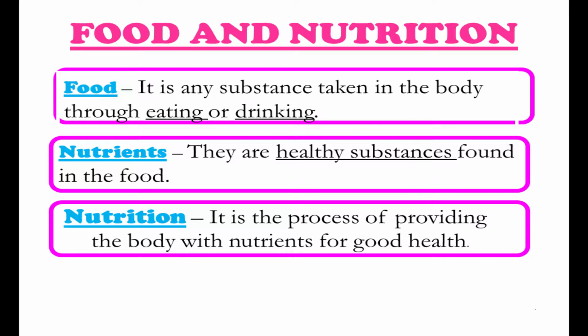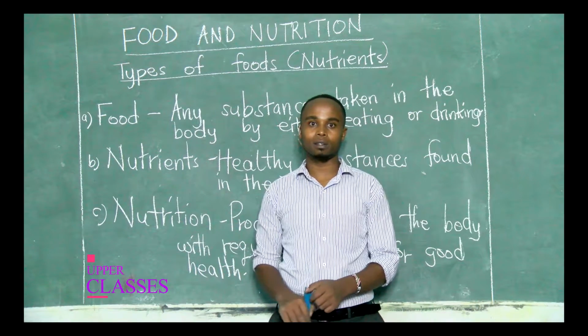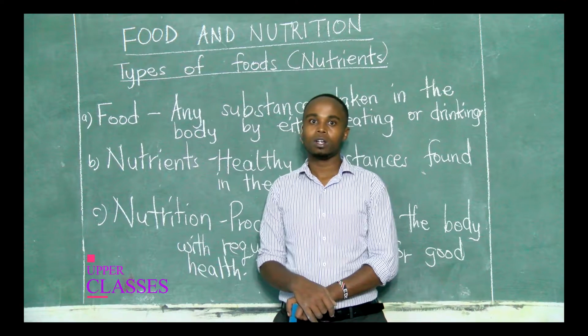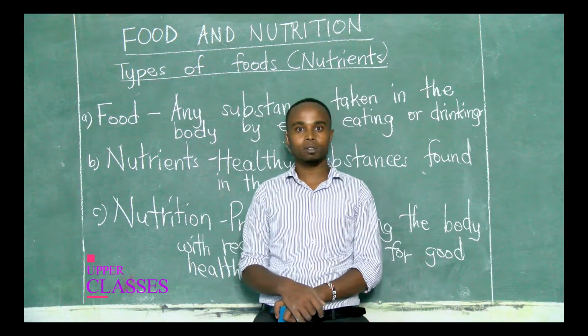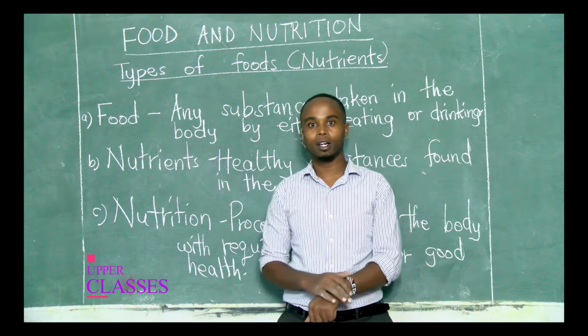Those healthy substances that are inside that food are the ones that we refer to as nutrients. They are the ones that make our bodies healthy. So nutrients are healthy substances that are found in the food, and they are needed by our bodies.